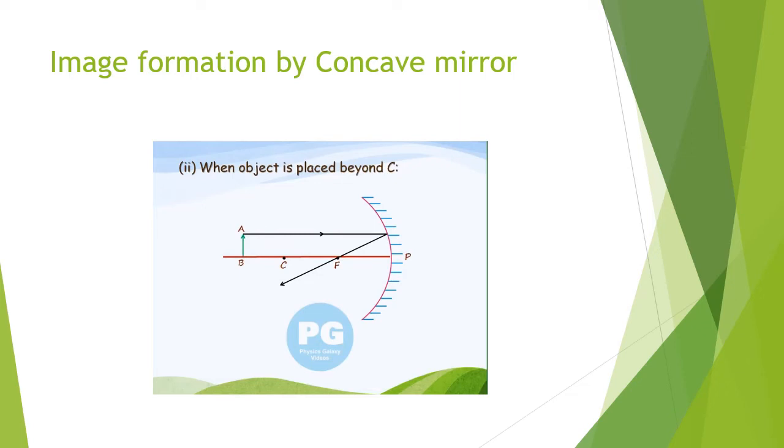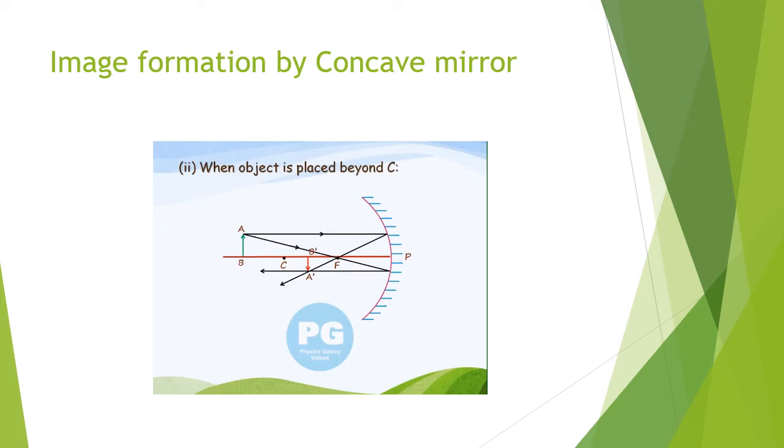Another ray of light we are taking is incident on the mirror after passing through focus. This will be reflected parallel to the principal axis. The meeting point of 2 reflected rays will be the image of point A. We term it as A dash. Now, we draw a perpendicular from A dash, B dash, that is perpendicular to the principal axis of the mirror.